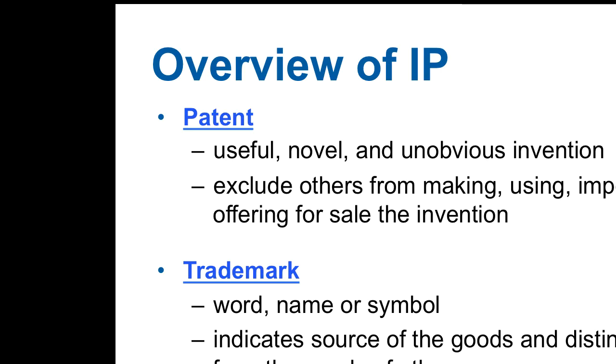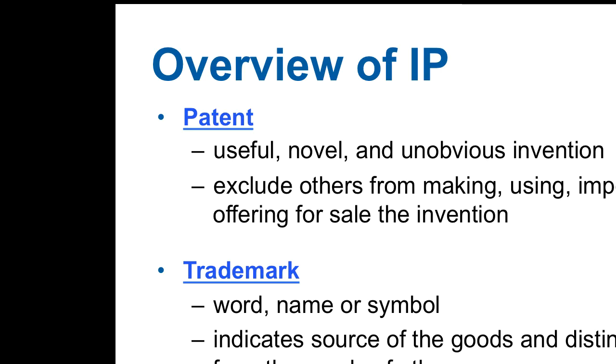Trademarks, typically words, symbols, names, indicate a source of goods, differentiate your source of goods from other goods, and prevent others from using a confusingly similar mark. Branding, essentially. I assume some of you, when you're coming out with different products, are going through this process of branding, coming up with trademarks, and trying to differentiate your goods from others through branding.